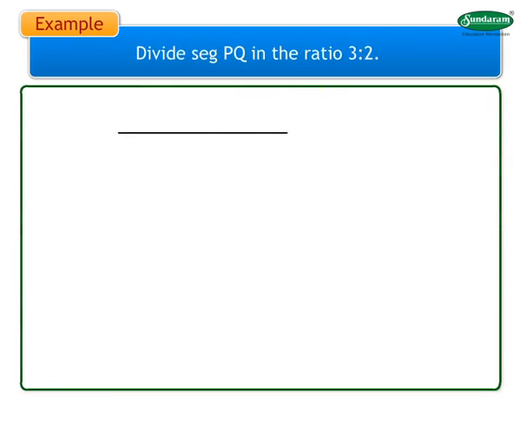Draw segment PQ. Now, draw any ray PX making an acute angle with ray PQ.